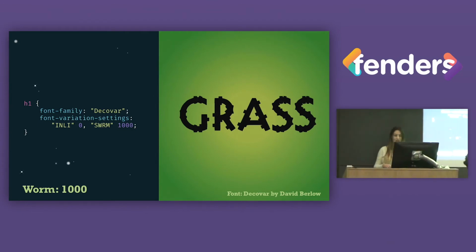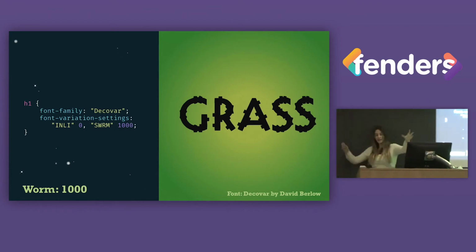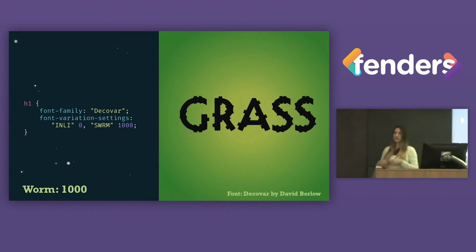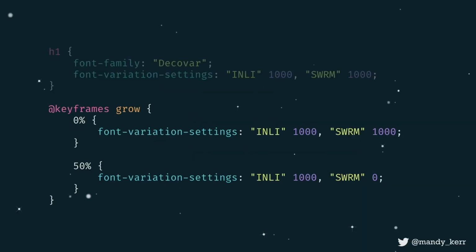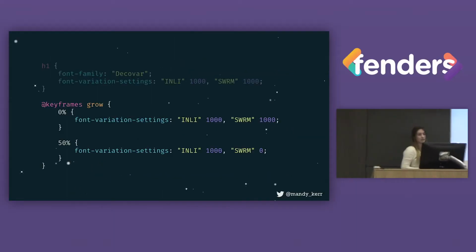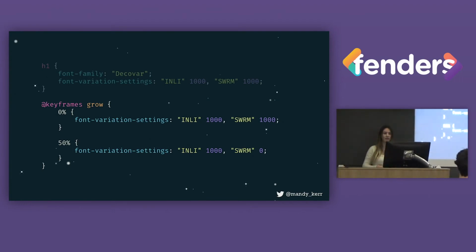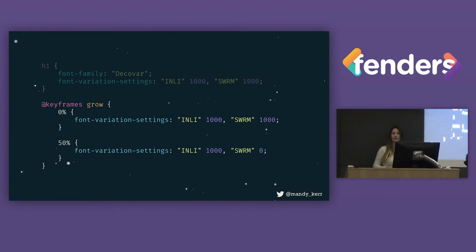Happy accidents. In order to get it to animate, this is where we jump into the CSS again and we make our keyframe animation, and it looks like this. It's a few lines of CSS. I've called the animation grow. At 0%, which is our first keyframe, I am setting inline and skeleton worm to their maximum value of 1,000.